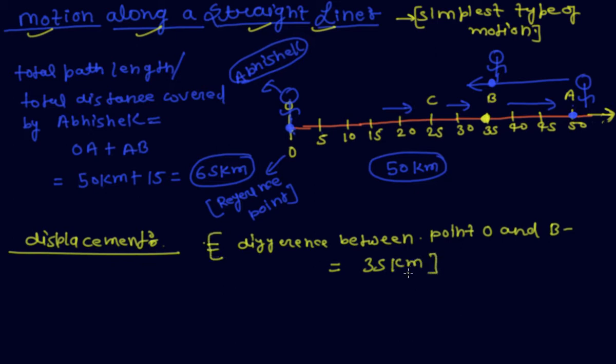Now you see displacement differs from distance. Distance is 65 kilometer and displacement is 35 kilometer for the same path. Abhishek just moves from O to A and then back from A to B.